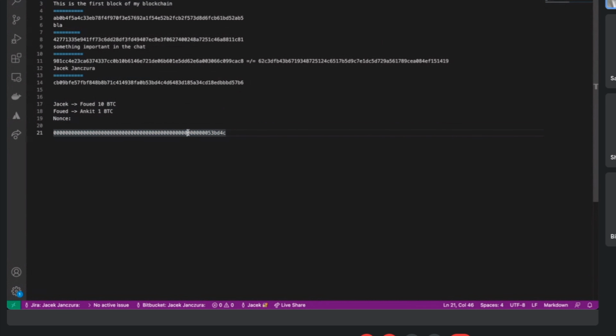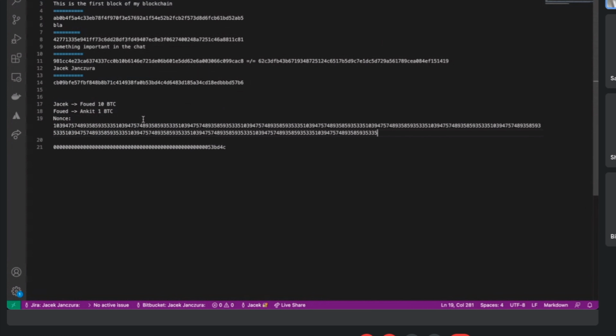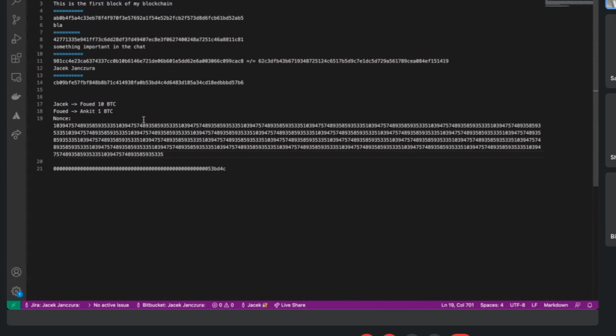Since hash is not reversible, there is no way I can transform this into this block. That I understand. But the nonce can be super long, and you need to guess all possible numbers to find this. And you don't know, and you can start changing these numbers.